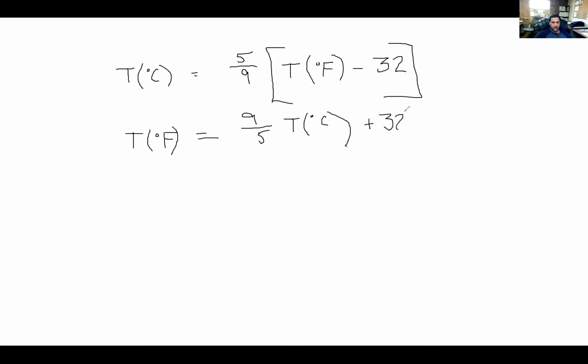All right. So you can see I'm just bringing the temperature 32 over to the other side and multiplying it by the inverse of 5/9. So those are your two temperature conversion equations.